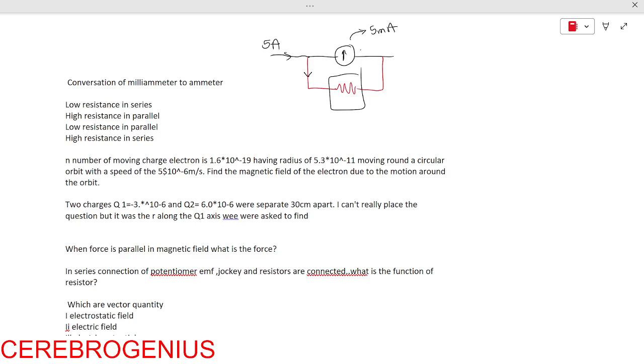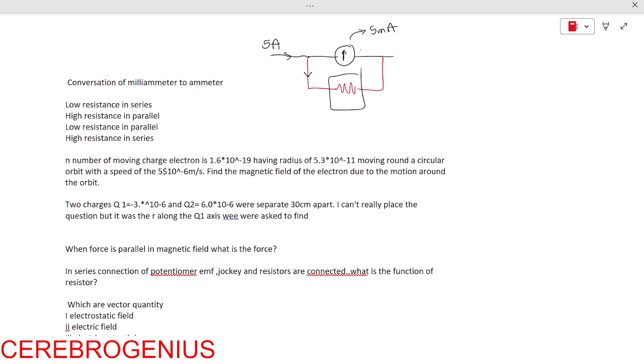The next one says n number of moving charge electron is this, having radius of this, moving around a circular orbit with speed of this. Find the magnetic field of the electron due to motion round the orbit. How do we do this? What is the magnetic field of the electron?